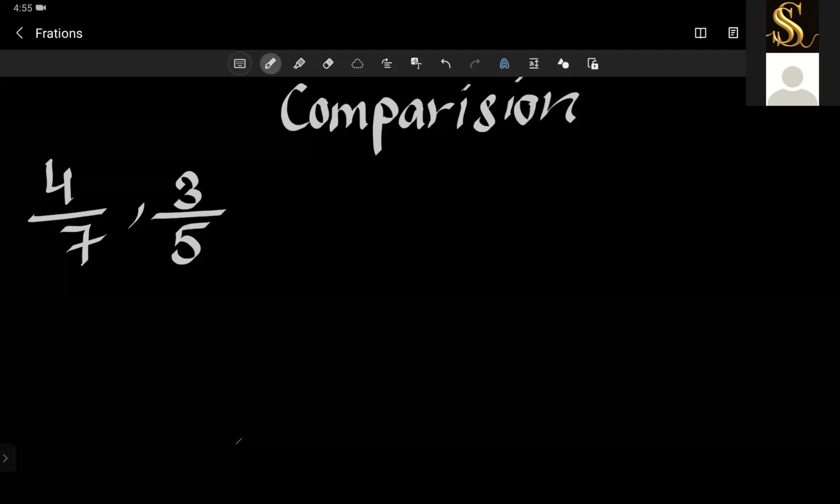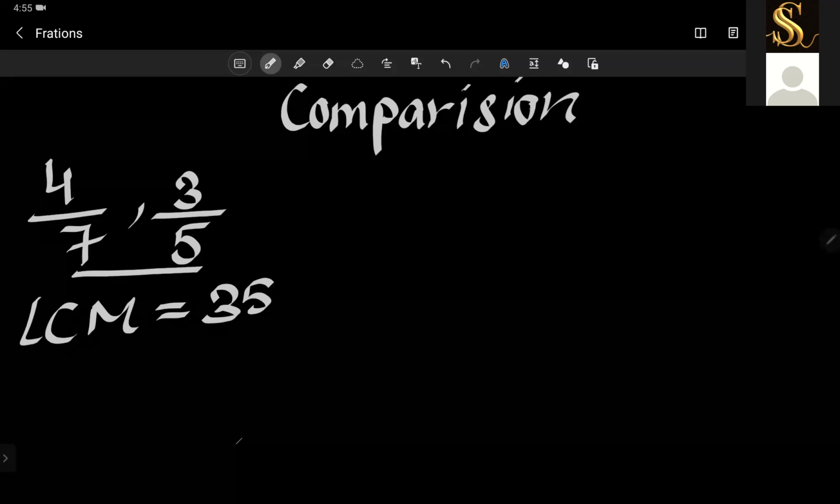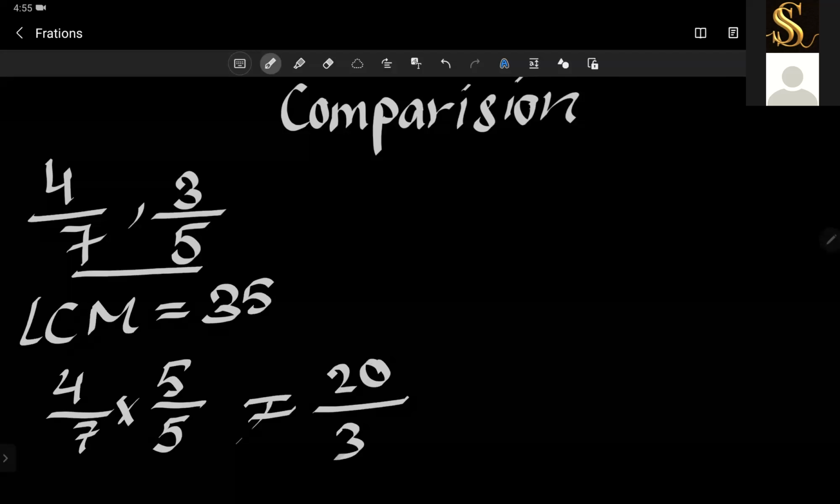Now let's continue with comparison. So here I have taken the fractions as 4 upon 7 and 3 upon 5. So to compare these two, find the LCM of the denominators, which will be 35. So now make 35 the denominator. So this will be 4 upon 7 into 5 upon 5, which will be equal to 20 upon 35.